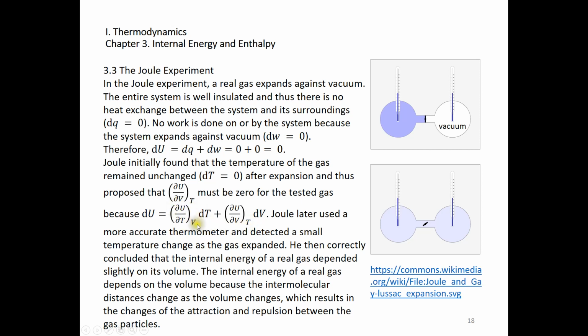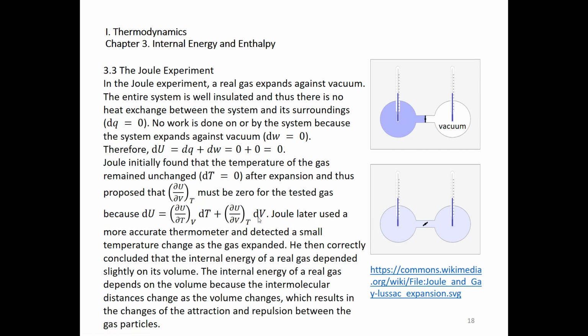Over here we hold volume constant, here we hold temperature constant. And again, Joule looked at the thermometers and found no temperature change. Therefore dT is 0. Also we have dU is 0. Then 0 is equal to 0 plus this. Therefore this has to be 0. Now we know dV is non-zero because the volume changes. Therefore dV cannot be 0.